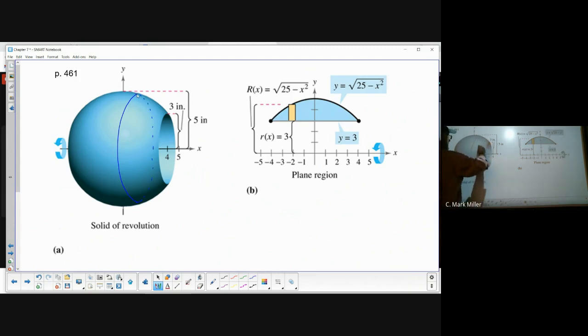This is the cross section right here, and it has a hole in the middle. So what you have to do is compute the volume of the outside solid and subtract the volume of the empty space in the middle.